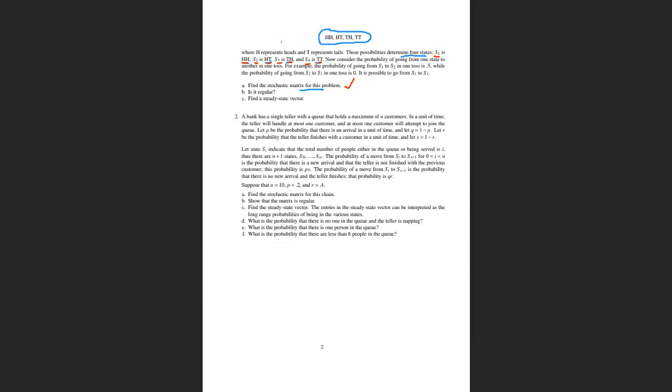So to get you started on it, and this is something you would want to discuss within your groups to figure out this stochastic matrix, let's go to the whiteboard. There are 4 states.